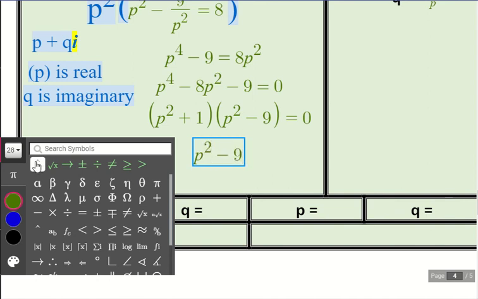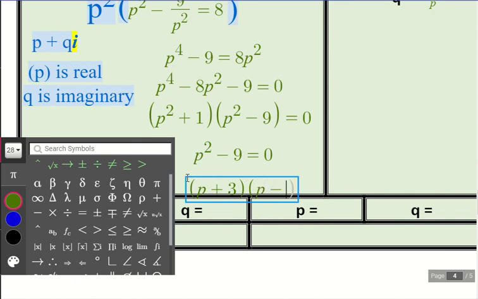And when I factor this, it's going to factor to p plus 3 times p minus 3 equals 0.